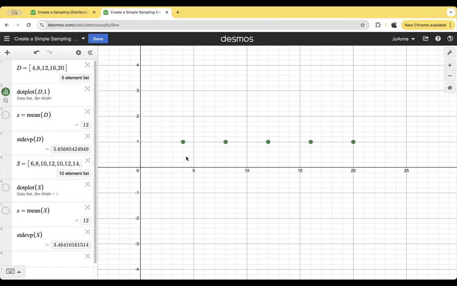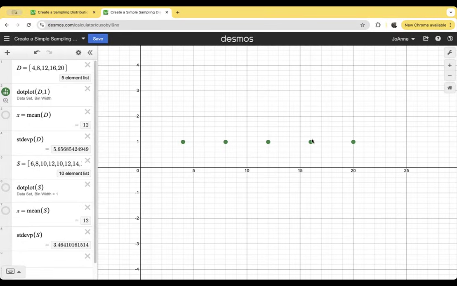The frequency of each item is just 1. If we had another 4 in our population, there would be a second dot up here at 2. So the dots show you that we have one of each value.